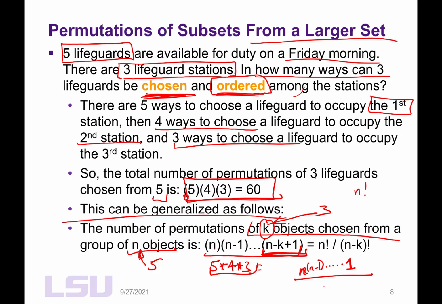And we realize what we're dividing by is n minus k, and so this multiplication will continue to n minus k plus 2, n minus k plus 1, to n minus k. And if you want to continue this multiplication beyond n minus k, you can write it as n minus k factorial, and this is n minus k factorial. And this gets you what?